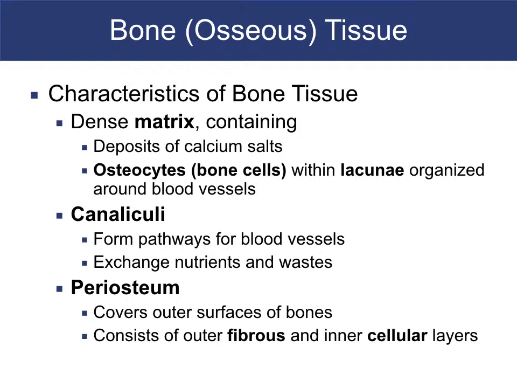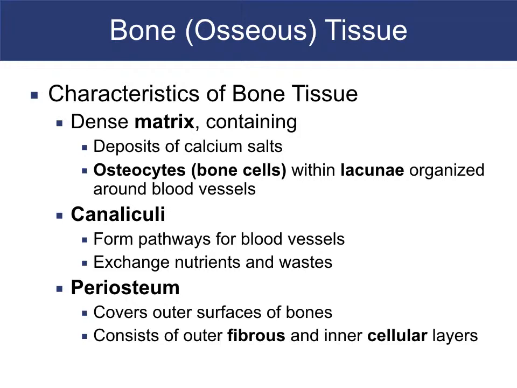Let's talk about the characteristics of bone tissue. This is compact bone that we're talking about. So this would be the part of bone on the outside of the long bones, for example. There's a dense matrix between the cells, and that matrix consists of these deposits of calcium salts as well as some collagen fibers in there amongst it. Osteocytes are the bone cells, and I've tried hard to get you guys to think in terms of breaking words down.